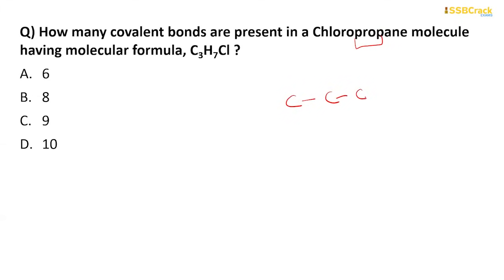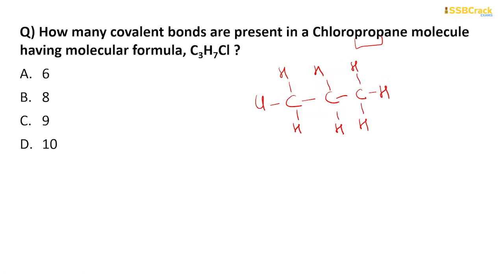And the next thing that we have to do is to attach chlorine. So we have attached chlorine also. Now we can complete the number of hydrogens here. After completing the hydrogens, we have to count the number of bonds.